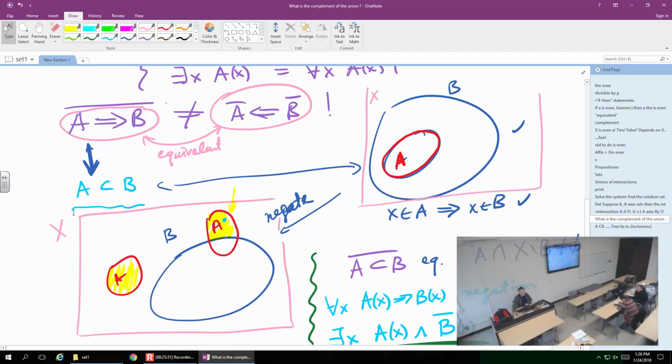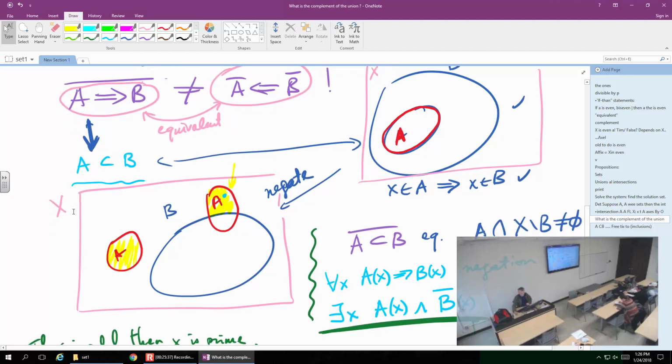What do you do when you flip the inclusion? Instead of the statement A is a subset of B, we illustrate here what the negation is. The negation of A is a subset of B is what?